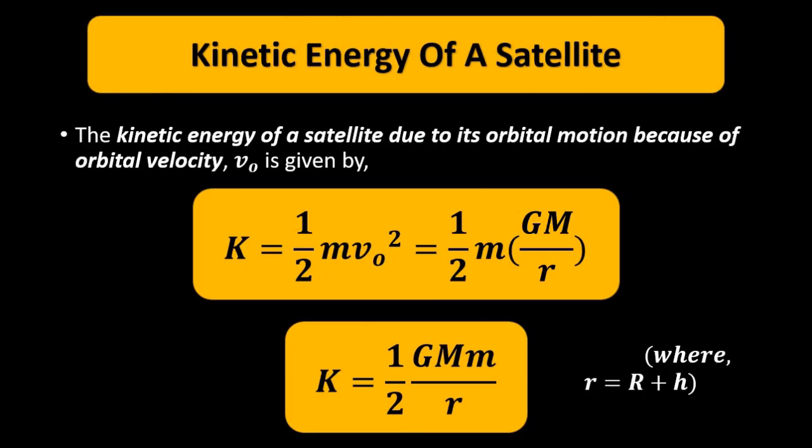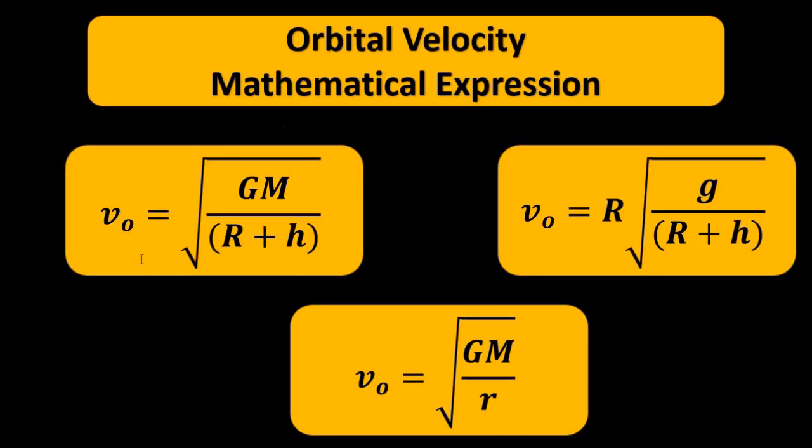Here we have to use the expression for orbital velocity, which is root over of GM by capital R plus small h. We will write it as root over of GM by small r, where small r is equal to capital R plus small h.